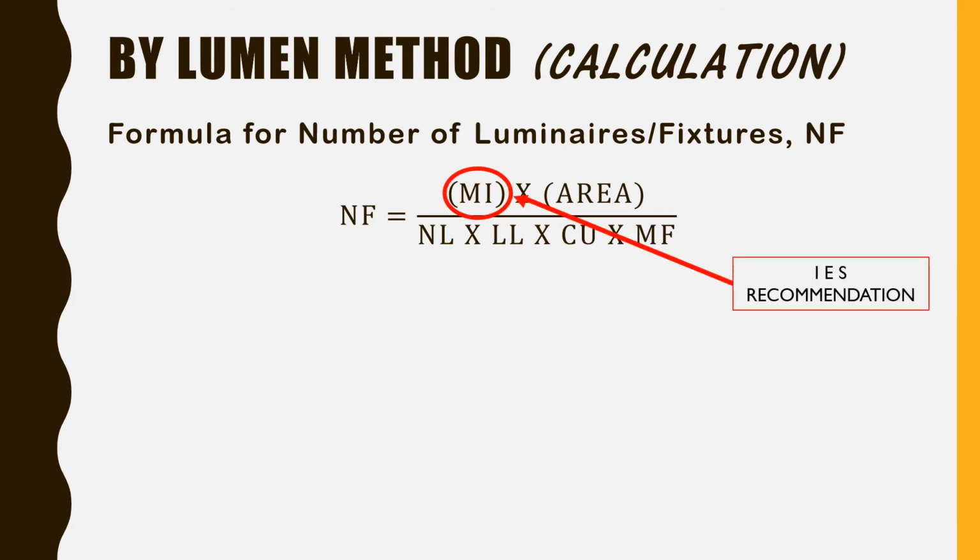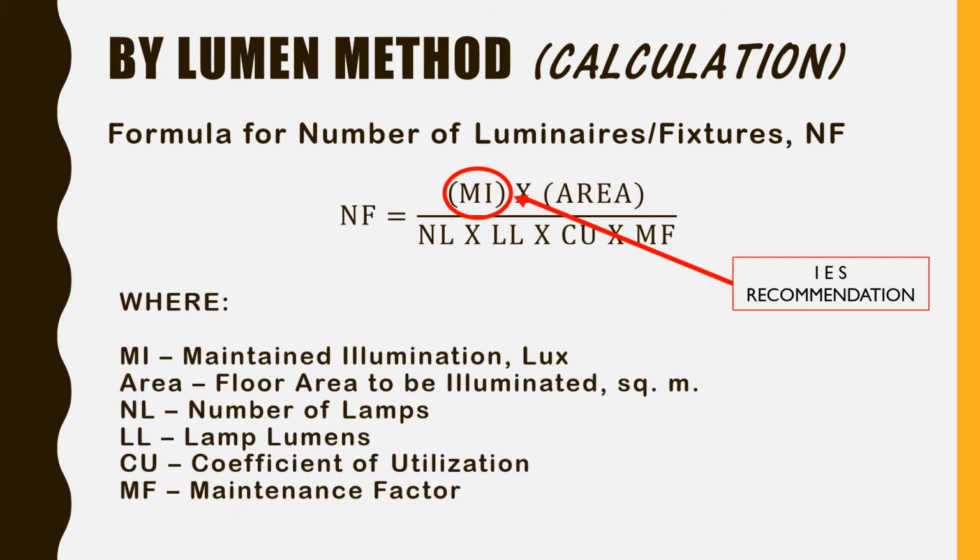So MI, this is the IES recommendation. As you remember, this MI or maintained illumination is recommended by the lighting book, IES. This is the meaning of initials.